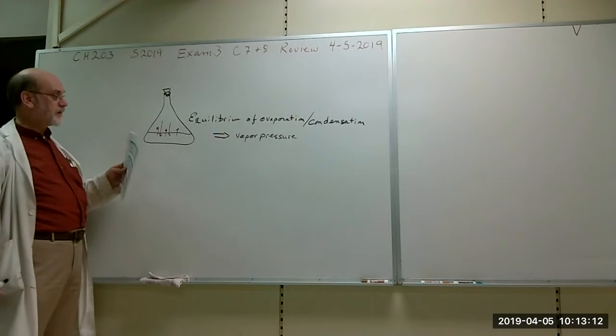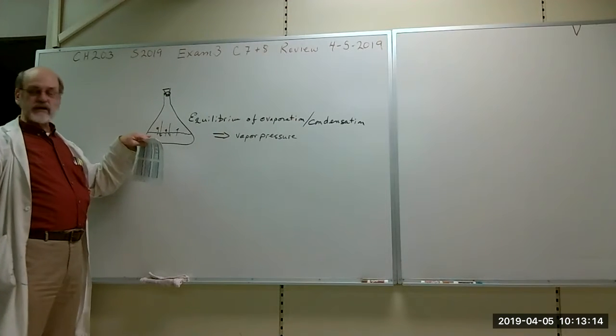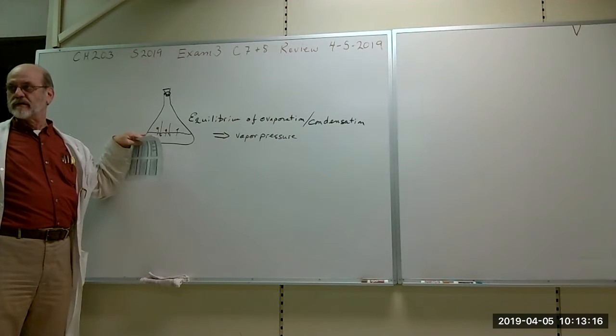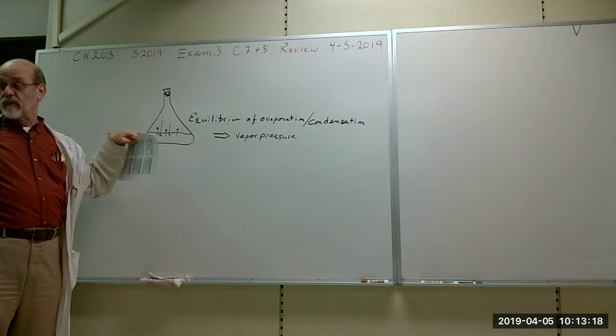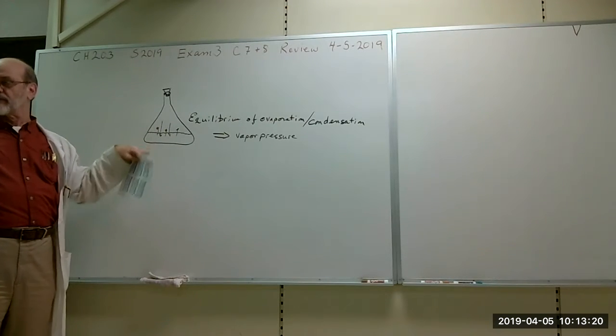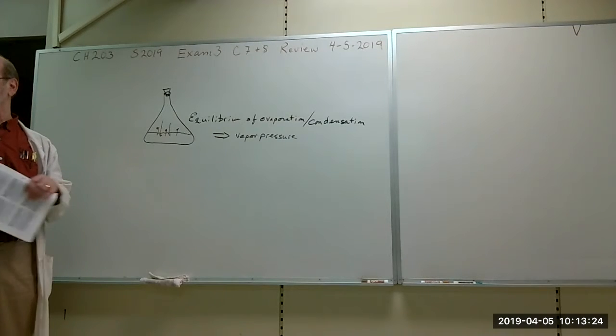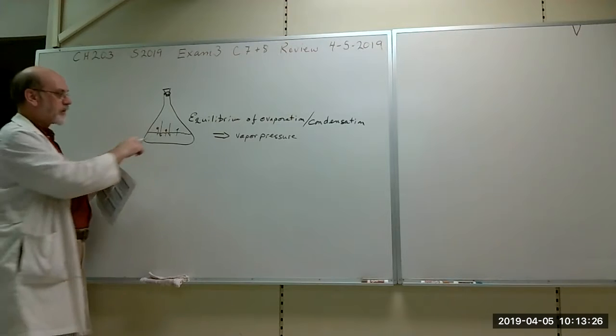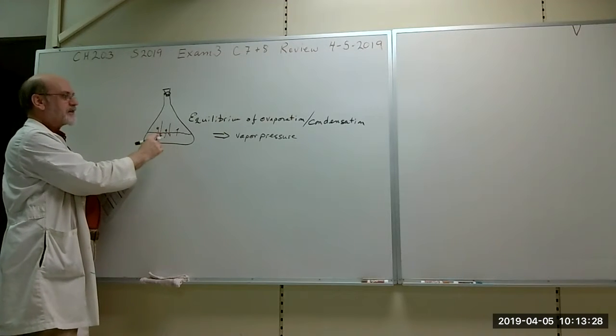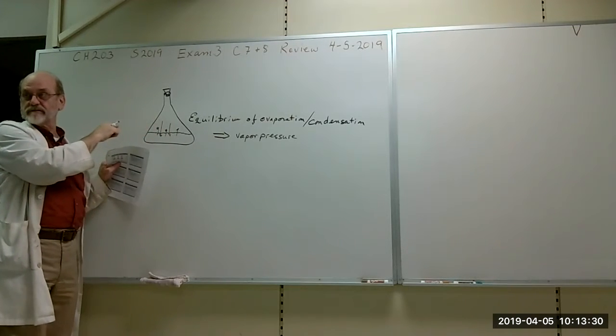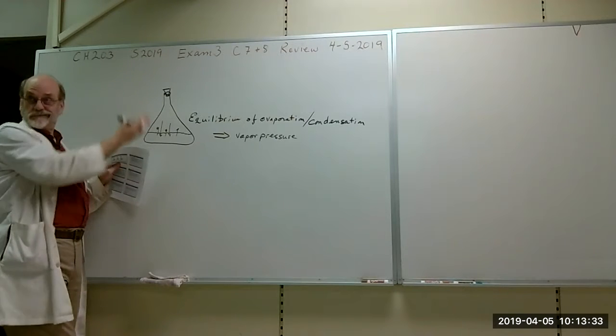The key is, what are the attractive forces in the liquid for the molecules? Is there something holding them down, keeping them from going into the vapor phase? Okay, so the stronger interactions here decrease the vapor pressure here because they're not as apt to go that way.